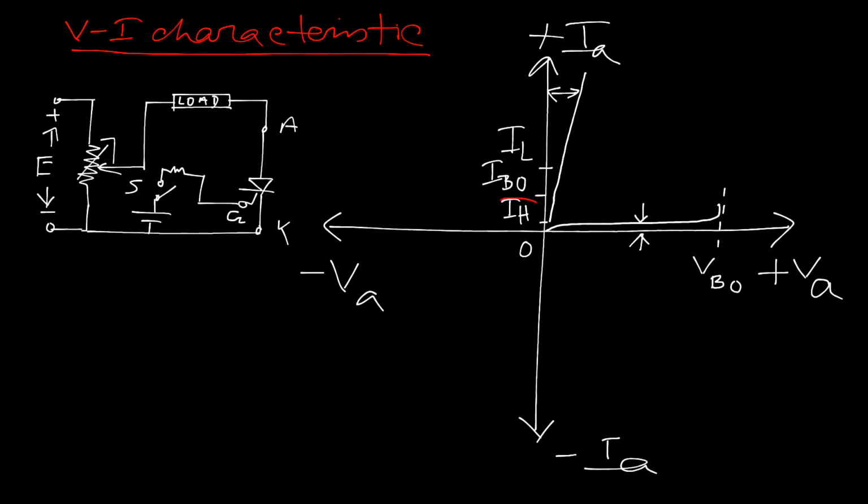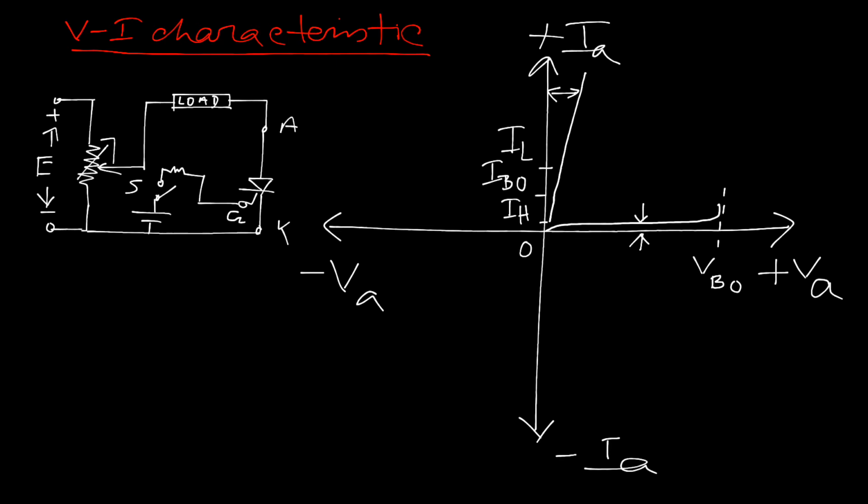Holding current is the minimum amount of current associated with the turn-on process of the thyristor, and IL is associated with maintaining the conduction process of the thyristor. Both are actually very small in magnitude, but keep it in your mind.